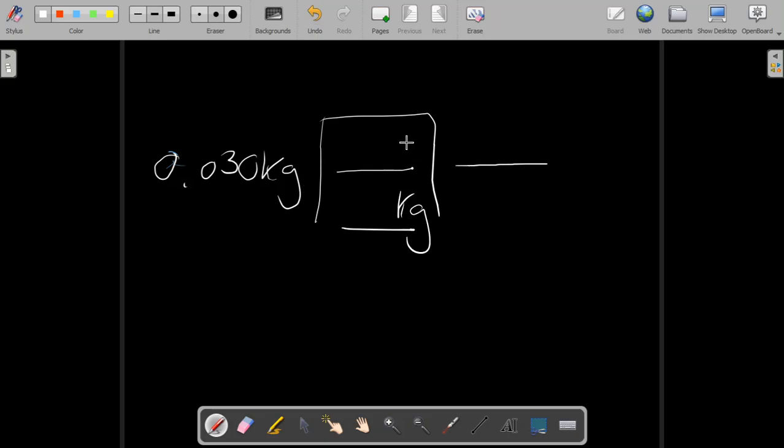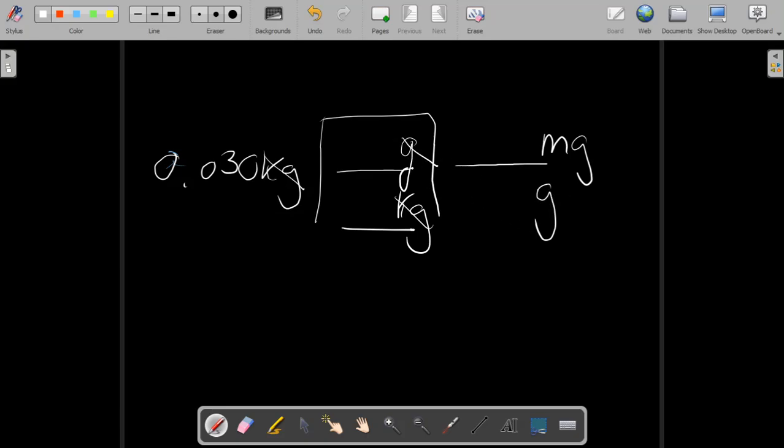The kilogram needs to go at the bottom because you want to cancel it. And your base unit for mass is the gram. And then from the base unit, you need to go to the unit they want you to solve this for, so the milligram.